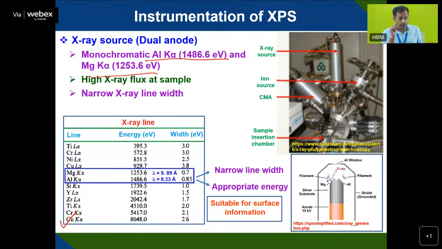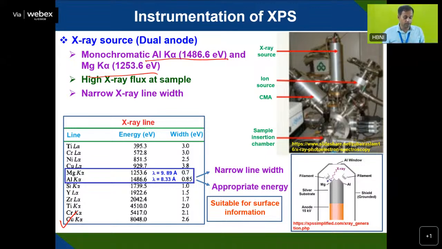But in XPS only two are available: one is aluminum K alpha and the other is magnesium K alpha. The aluminum K alpha energy is 1486.6 electron volts, whereas magnesium is 1253.6 electron volts.